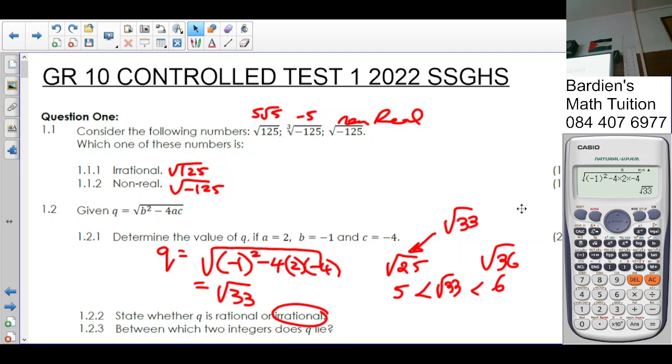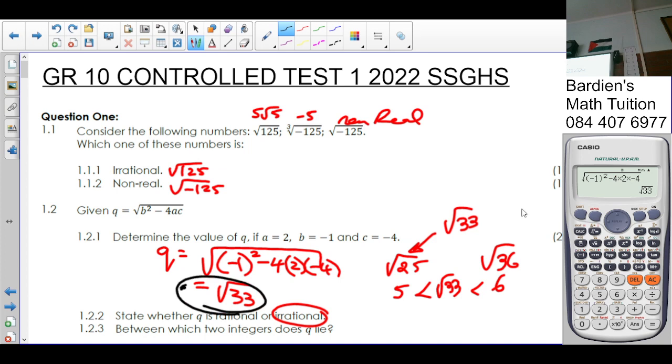You wrote irrational and you got it wrong. Then you circle the question. You're supposed to get the mark for that. But what did you get here? What is your answer here? The root of 33. Sorry? What did you get there? 33. Now, is 33 rational or irrational? 33, not the root of, not this answer they got here.